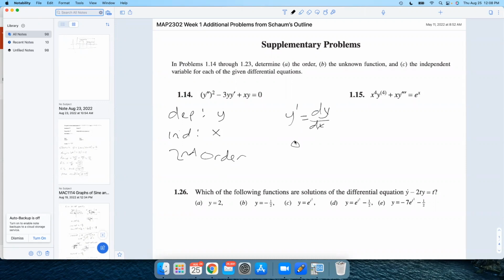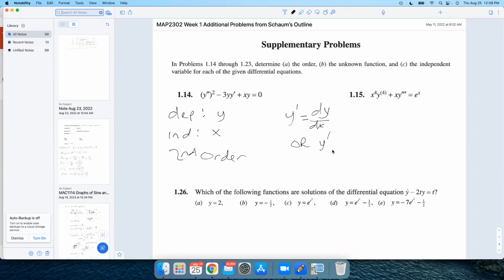Or if your independent variable is t, dy dt. Or if it's r, dy dr. If we use the Leibniz notation, we can immediately see what our variables are. Problem is, when I'm writing a big long DE like this, that's a lot of writing. It's quicker to write prime. Prime is just a shortcut for the derivative of y with respect to whatever your independent variable is.